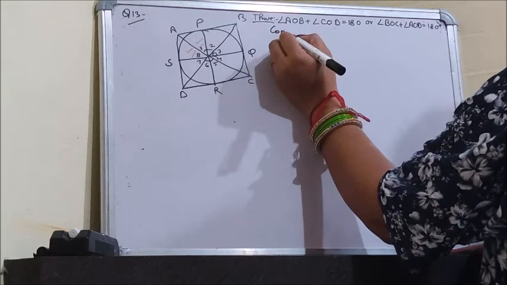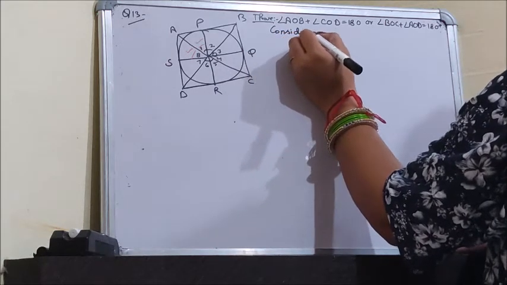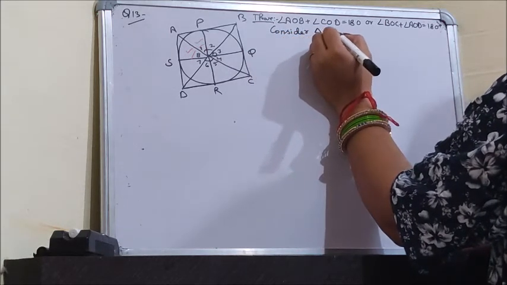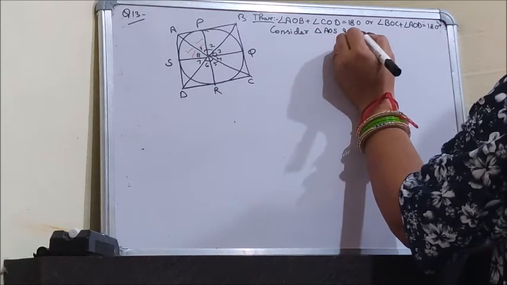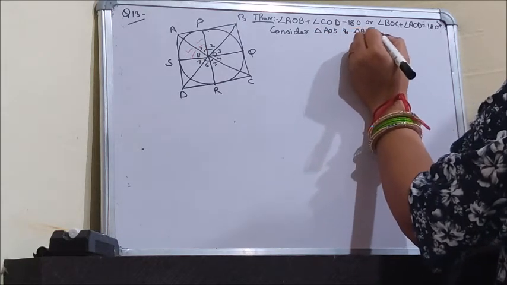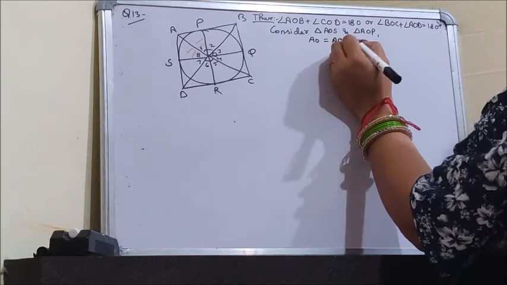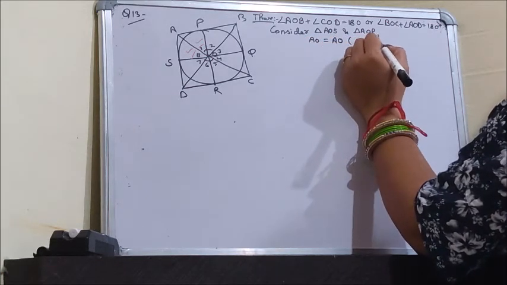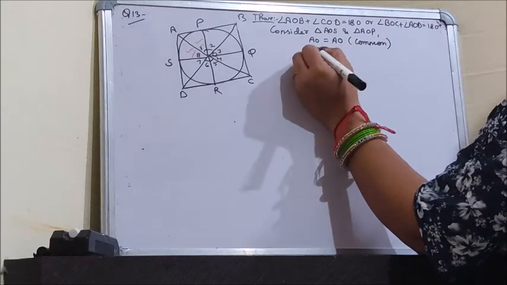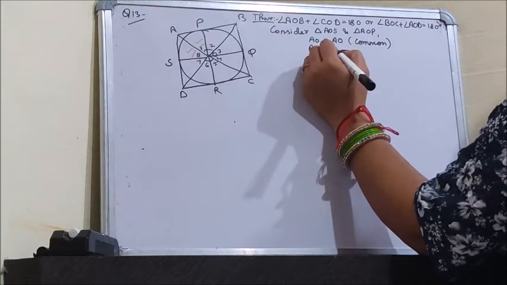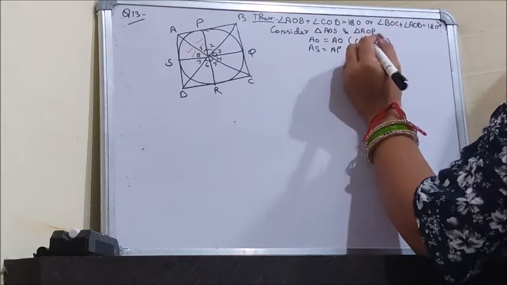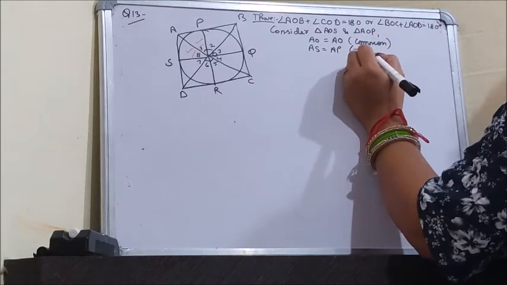So consider triangle AOS and triangle AOP. AO is equal to AO, common. AS is equal to AP, tangents from the same point.